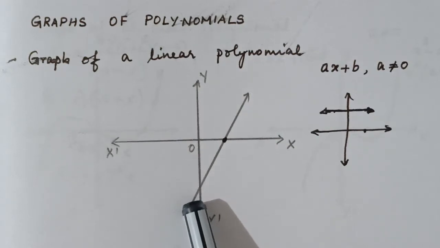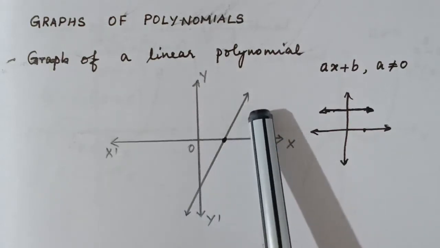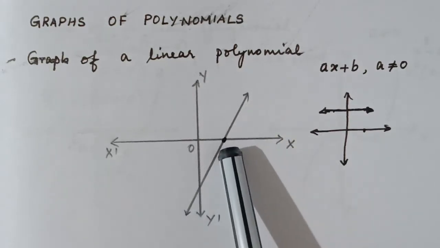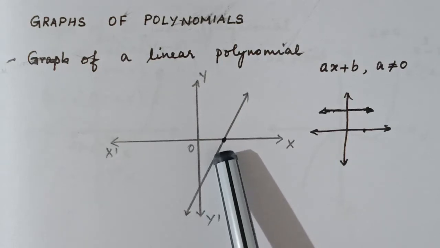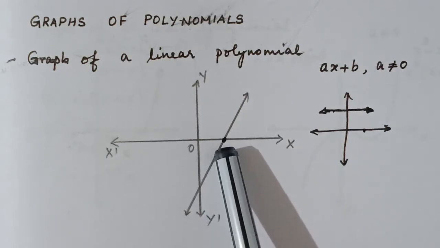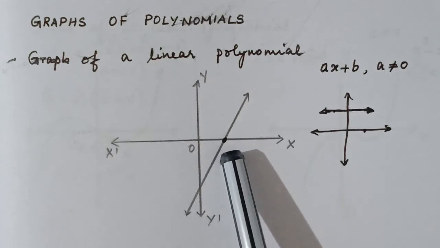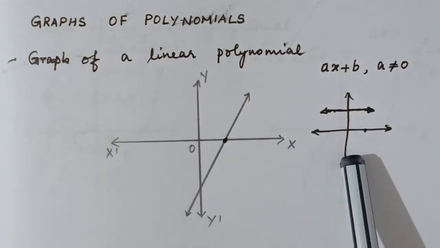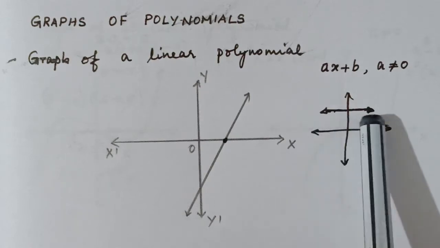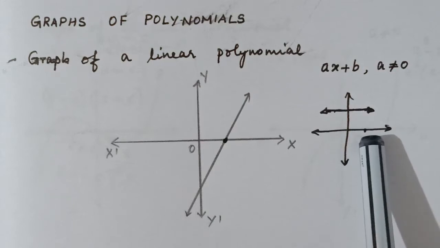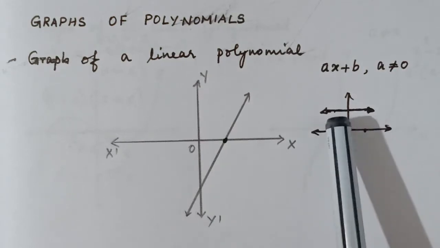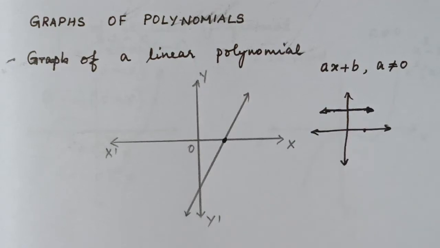To find a zero, we have to see whether this line or the graph touches the x-axis. If it touches the x-axis, it has got 1 zero, and of course a linear polynomial has got only 1 zero. Now here is another graph where the graph of this linear polynomial doesn't touch the x-axis. That shows this polynomial hasn't got any zero.